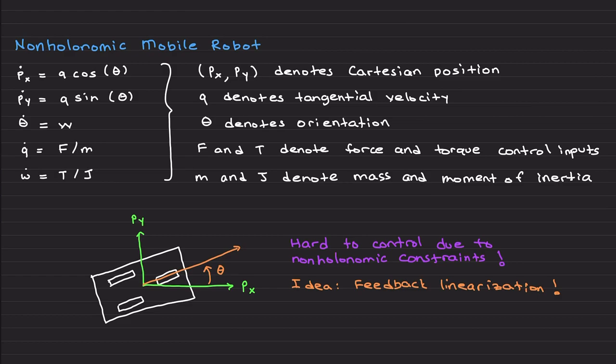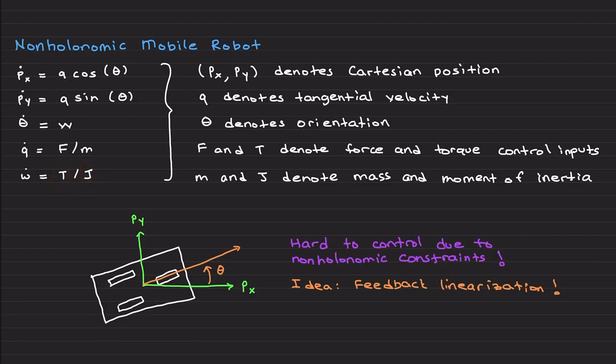Orientation depends on your W, the angular velocity. And your speed depends on the force you apply divided by the mass of the system. Likewise, W dot, the angular acceleration, depends on the torque you apply divided by the inertia.